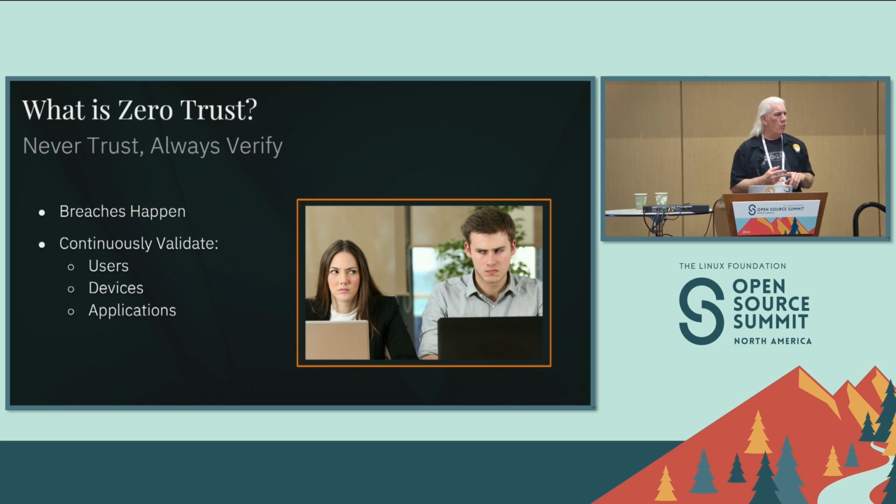We want to know where we're running, so what devices are out there, even if they're cloud or virtual devices, if they're an EC2 instance or a Kubernetes cluster, we want to keep track of that. And then finally, we want to know what applications are running where. So we want to make sure that we know who's using it, where it is, and what's out there. And from there, we can always verify what's happening at that level.